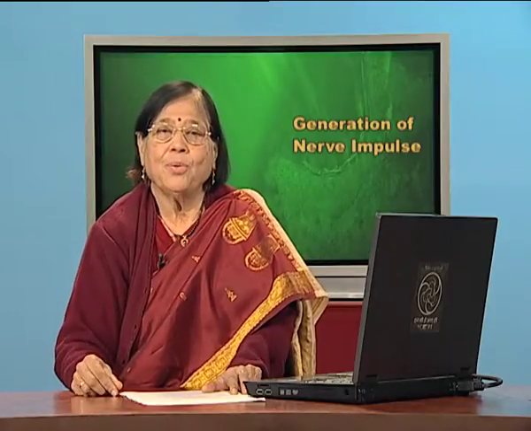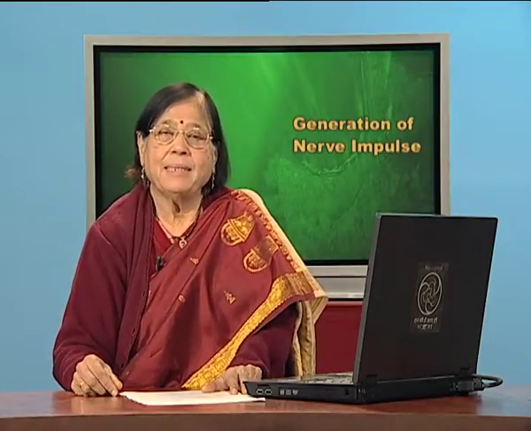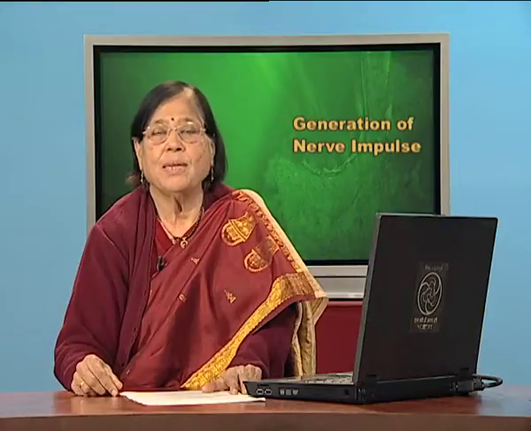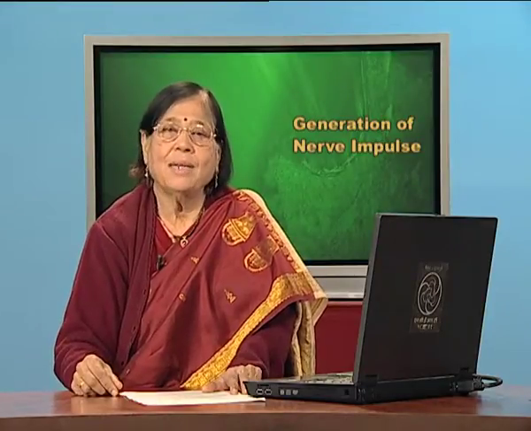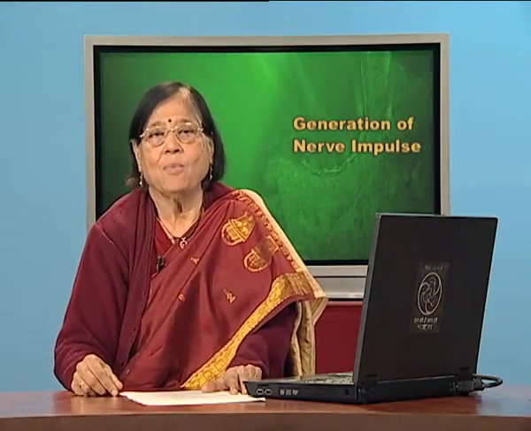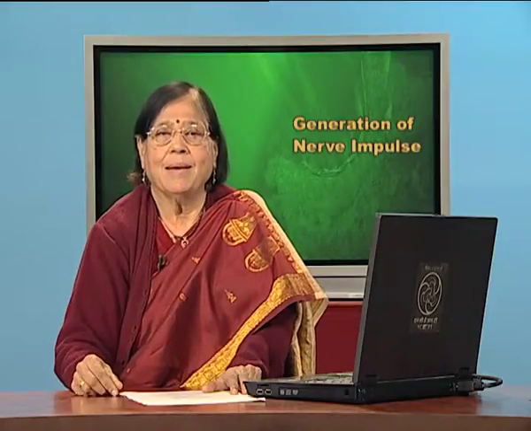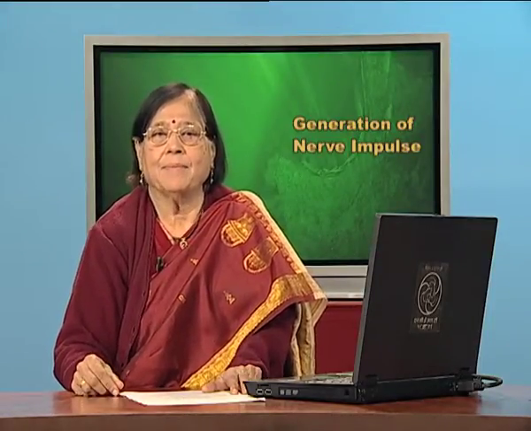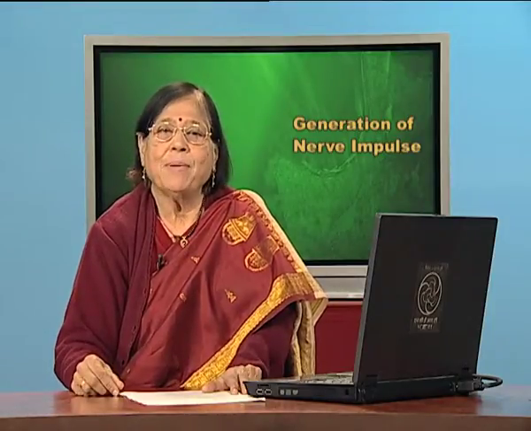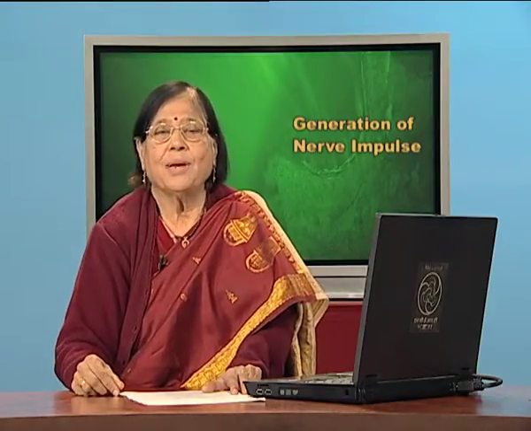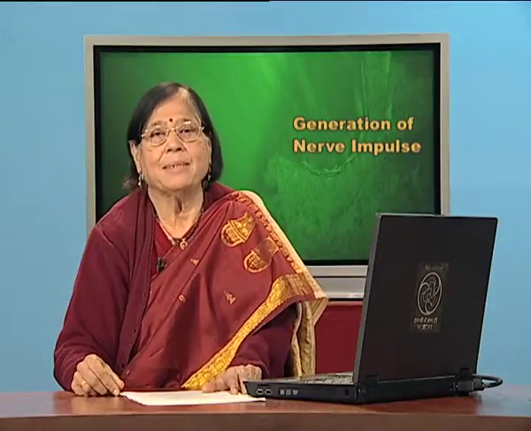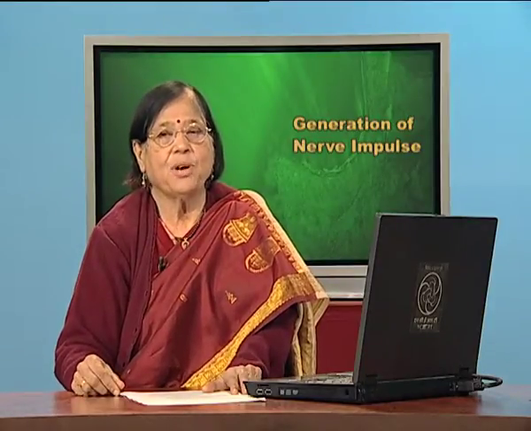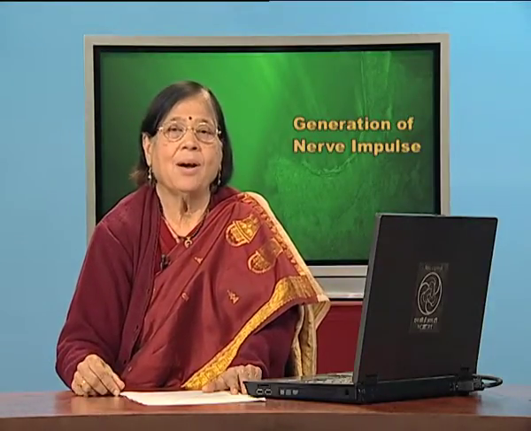What I am trying to explain is that by the time the impulse has passed through the nerve cell, the total nerve cell becomes normal, meaning it becomes responsive again. So, the fiber is again ready to conduct more nerve impulses.